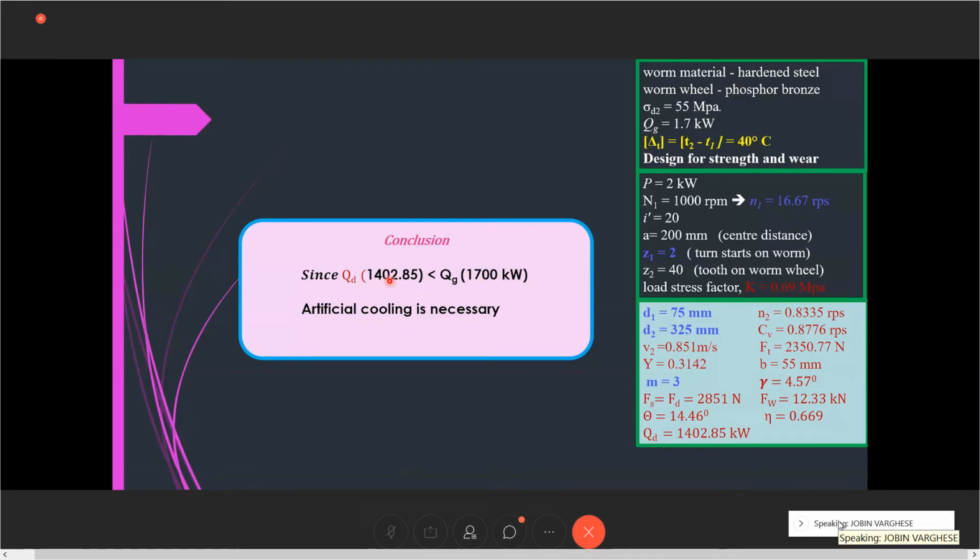So QD is less than QG. As a result, the dissipator is less than the generator, so more heat is generated all the time. We therefore have to give some artificial cooling for this one. That's the kind of problem we'll be solving.